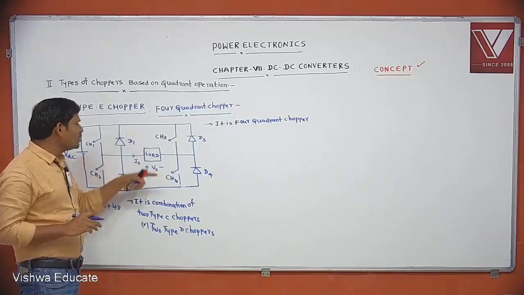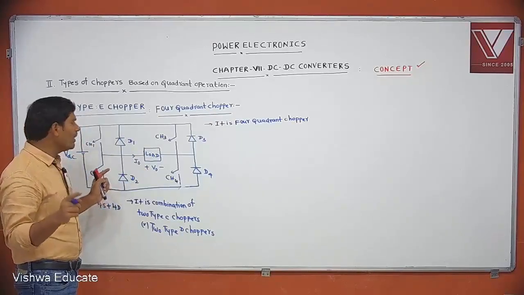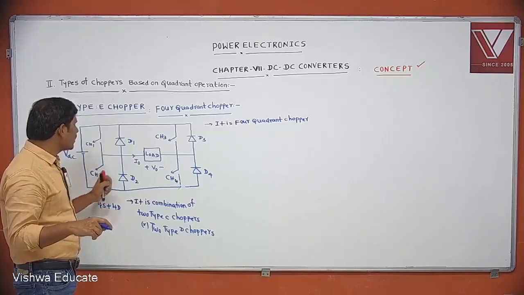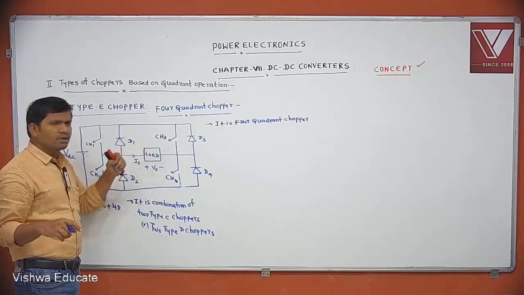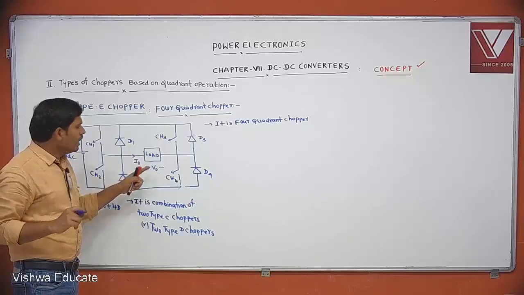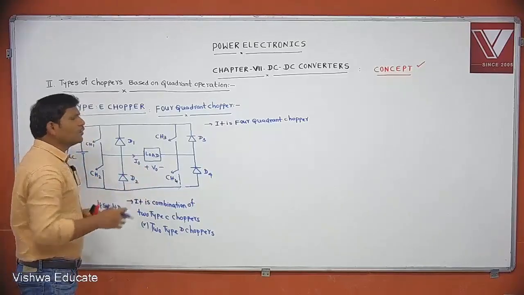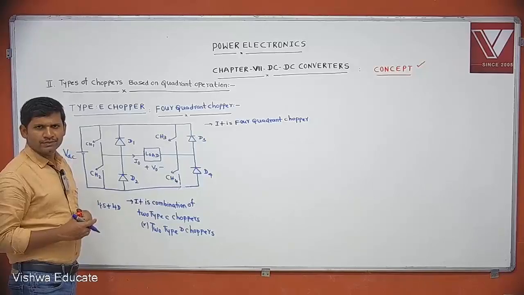Even the numbering changes. But the point to remember: this is always controlled in first quadrant. This is controlled in second quadrant. This switch is controlled, in the sense of on and off. This switch is controlled in the fourth quadrant. Then only this circuit is operating in the fourth quadrant. Understood?